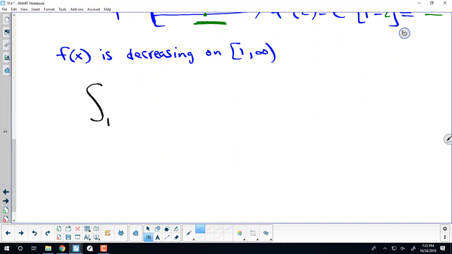The integral from 1 to infinity of x over e to the x. And this is where the stuff we did in chapter 8 can really come in handy.